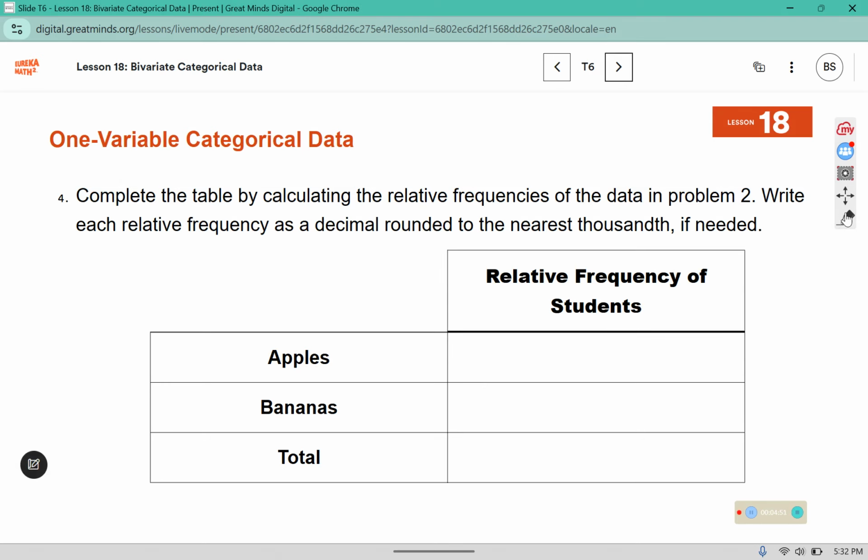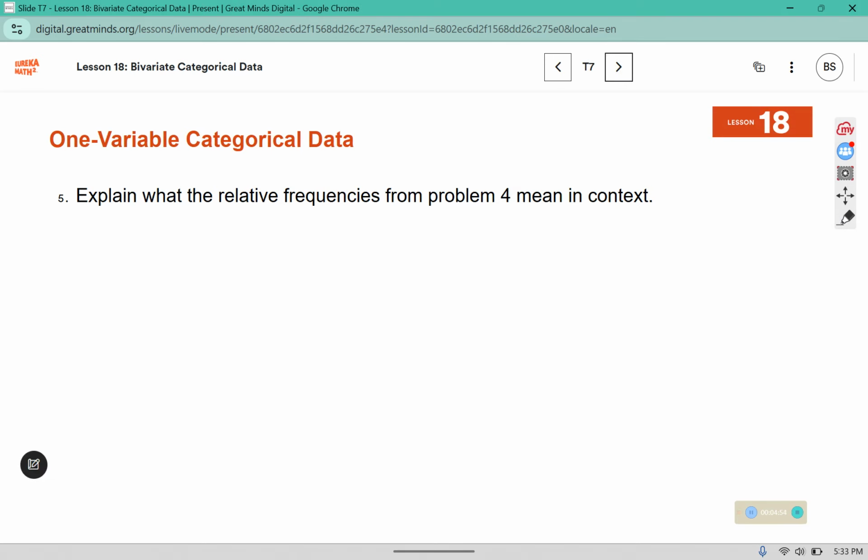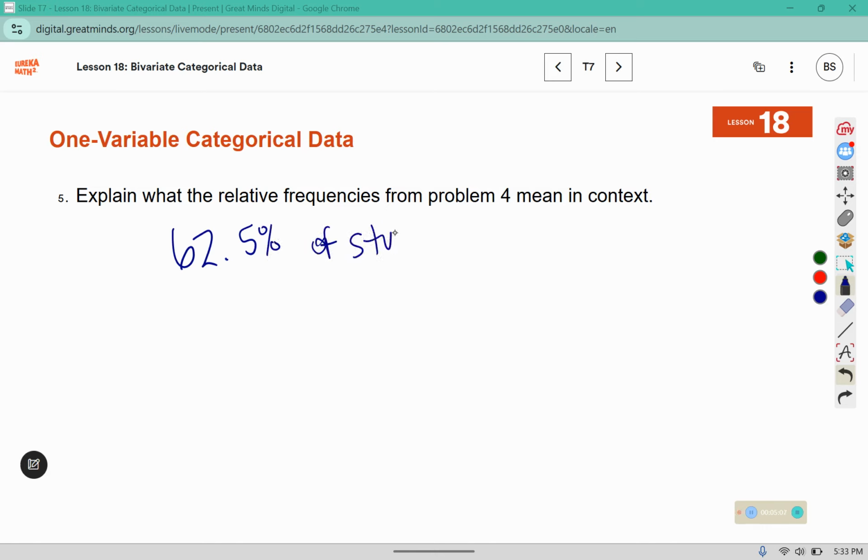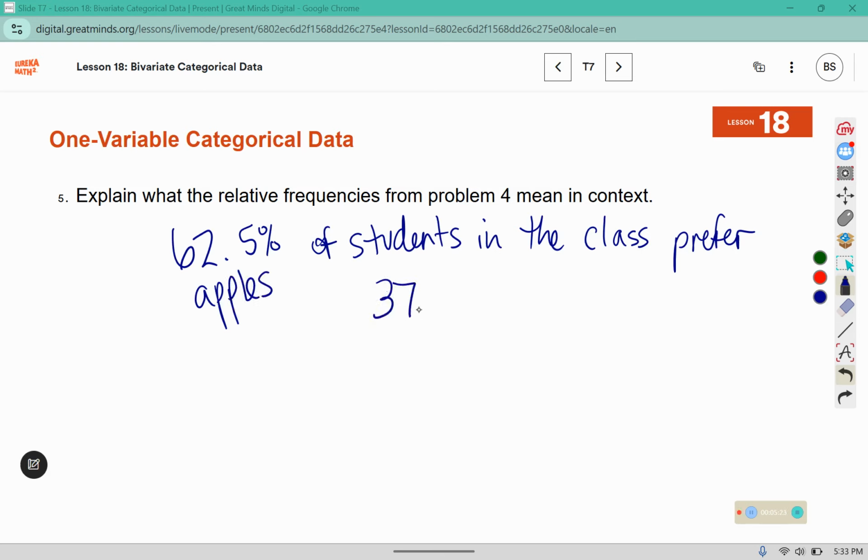Explain what the relative frequencies from problem 4 mean in context. 62.5% of the students in the class prefer apples, and 37.5% prefer bananas.